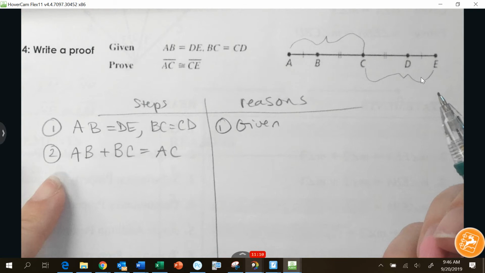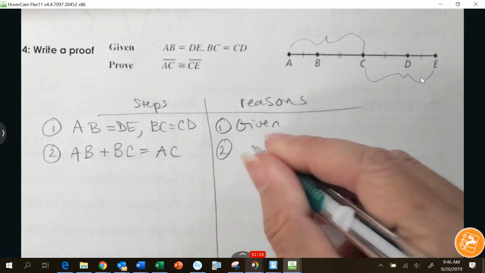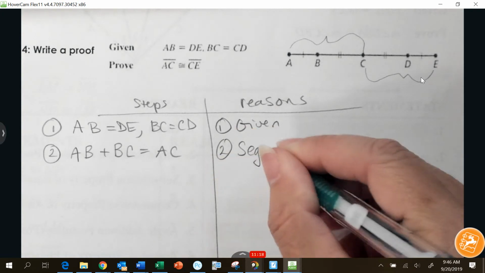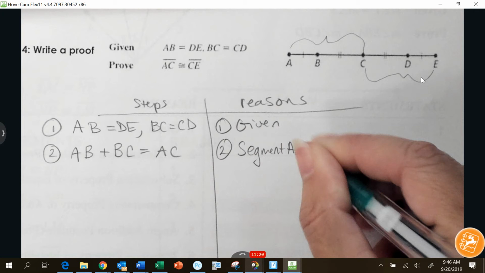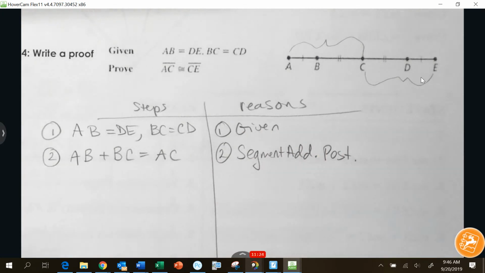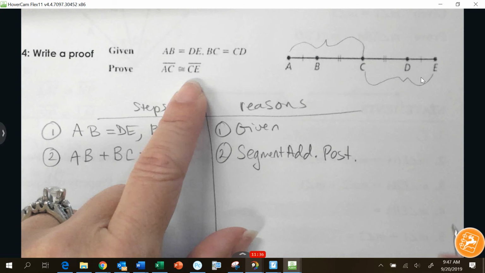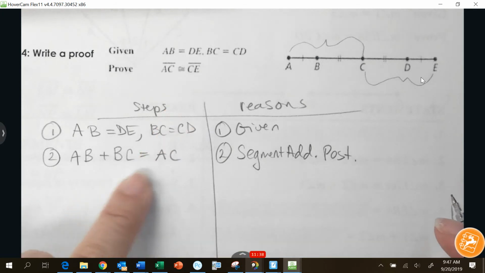Why was Hayden allowed to say that? Segment addition postulate. And while we're doing that, is there another segment addition postulate thing we could write down, Zachary? I'm trying to get CE, Zachary. And I'm going to use the segment addition postulate.